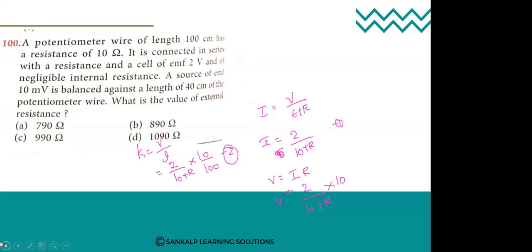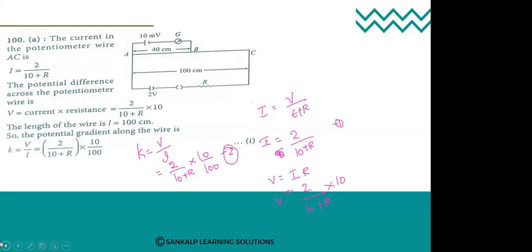Balanced against, so potential gradient is equal to, this is right.